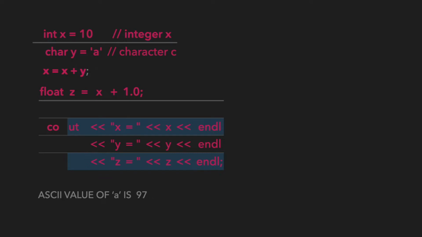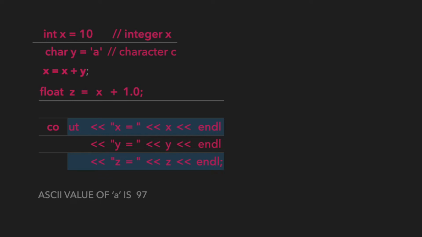There is something called an ASCII value, that is American Standard Code for Information Interchange. The ASCII value of a is 97. The 97 will be added to the value of 10. This is done by the compiler. What if we add 97 plus 10? The output would be 107. So the value of x would be 107.